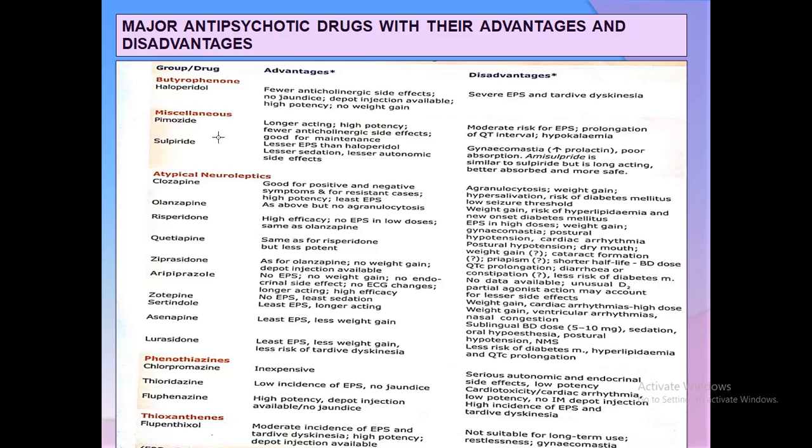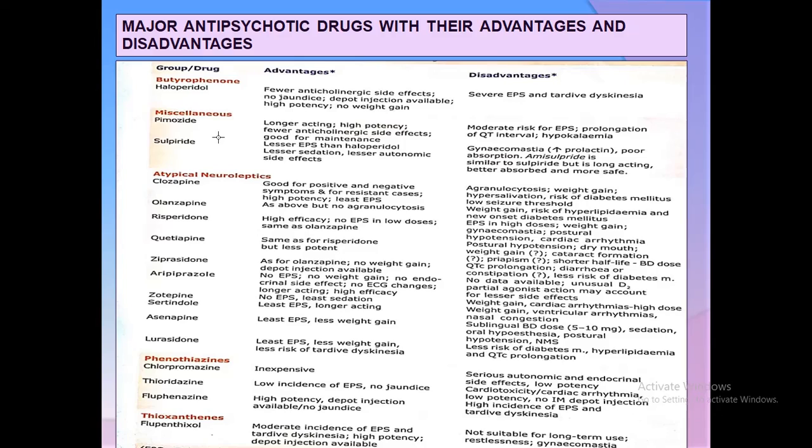Next drug being ziprasidone, and its advantage is like that for olanzapine. There is no weight gain, depot injection available. Disadvantages being QTc prolongation in ECG, diarrhea or constipation, less risk of diabetes mellitus.